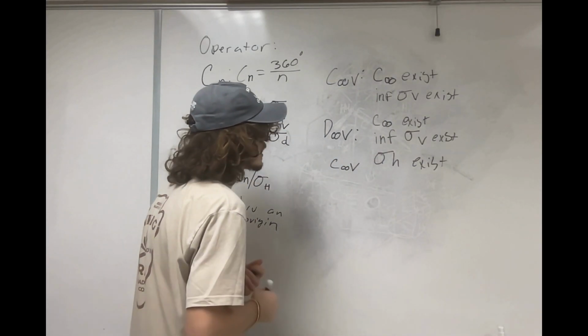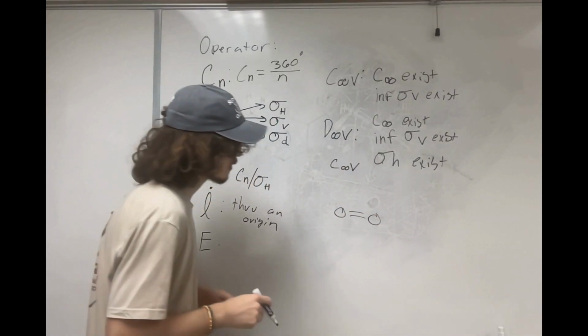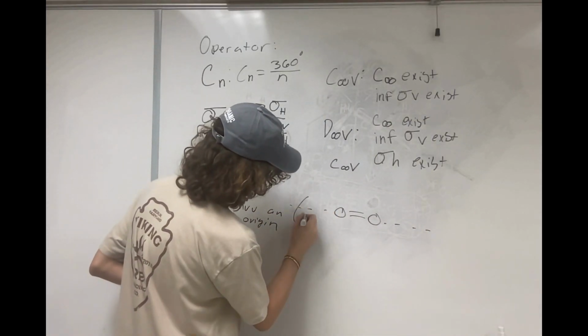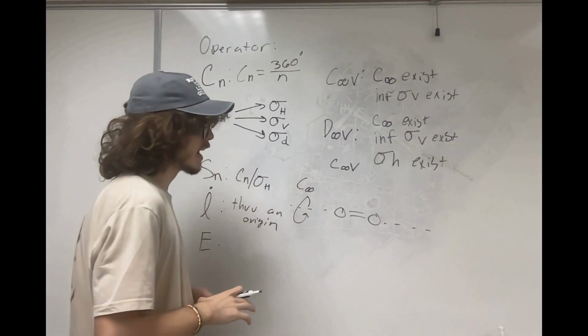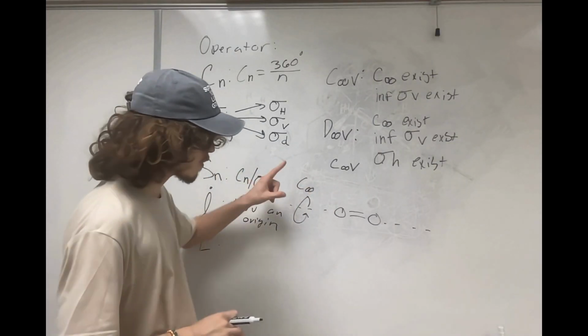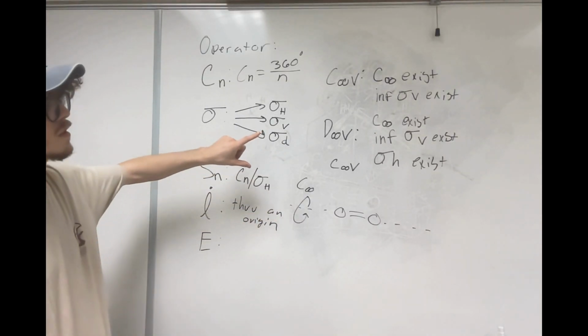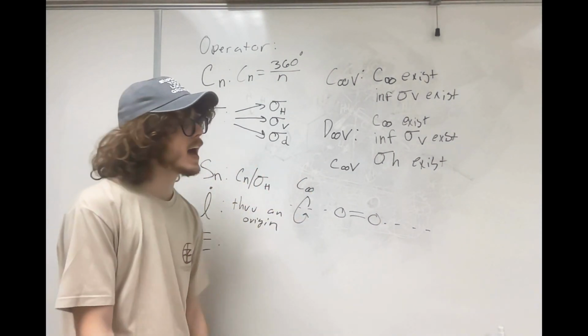And that would be in the case of oxygen, for example. Notice that it's the same C infinity symmetry. I can rotate this as much as I want, as little as I want. I could rotate it 0.000000001 degrees, and it would still have symmetry.